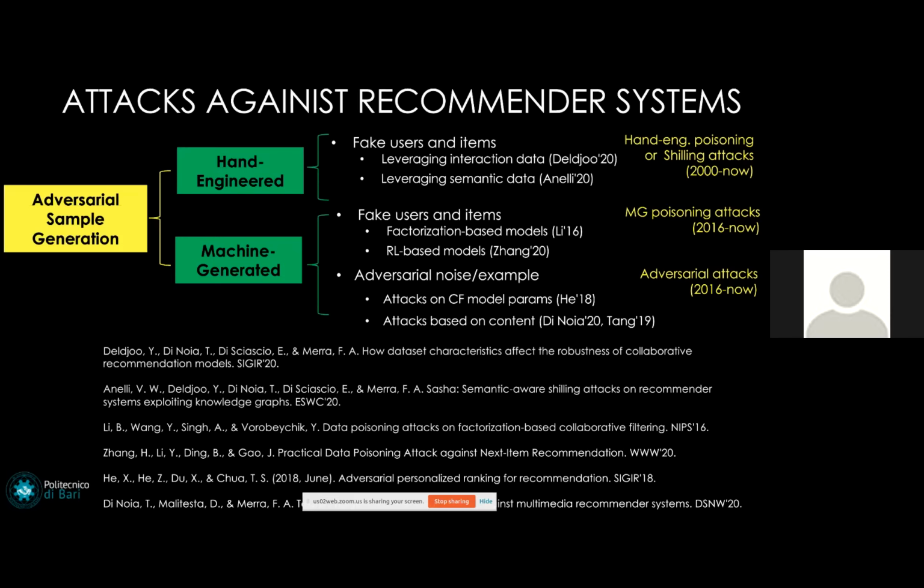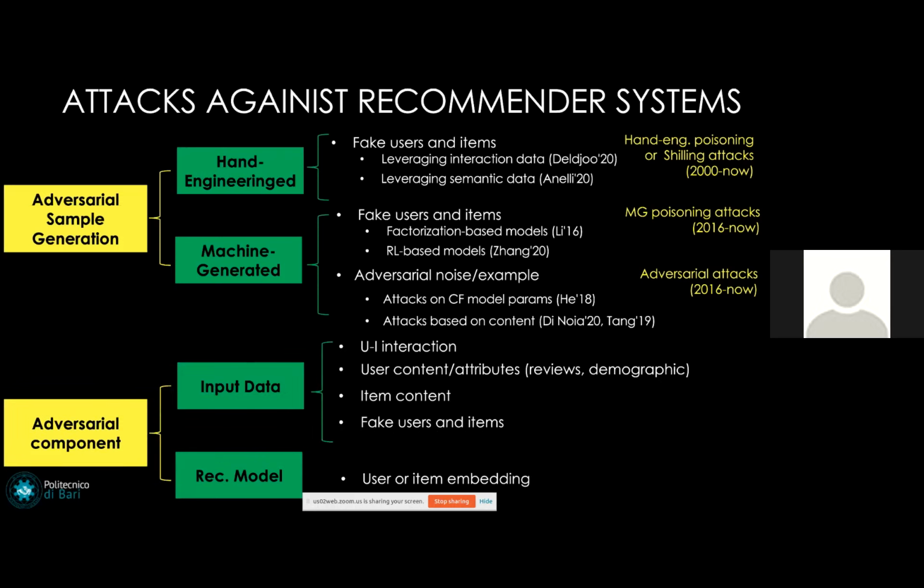And here are a few pointers to related attack and defense strategies based on this categorization that you can find in this slide. The second dimension is the adversarial component. The adversarial component can be chosen as input data or the internals of recommender system models. Input data could be the user-item interaction data, like the ratings, user content and attributes, like the reviews users put or the images they share, item contents, and finally, fake users and items added to the system.